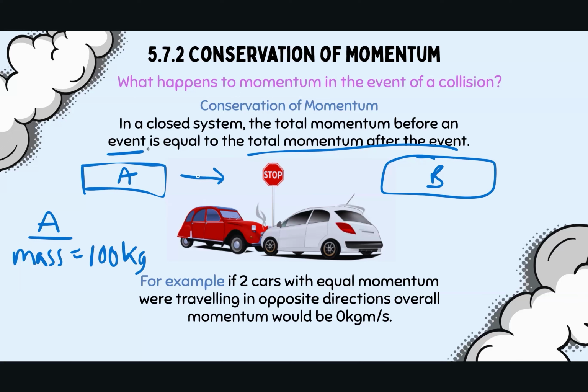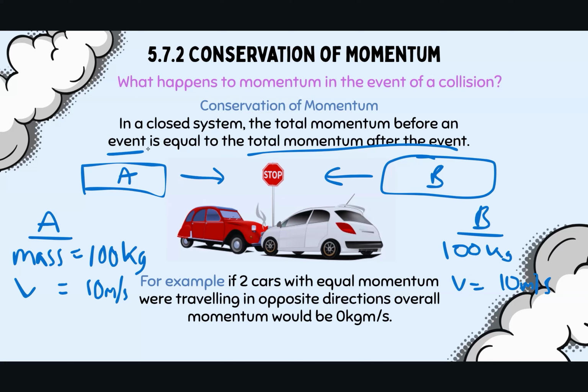It's traveling at 10 meters per second. Now B is an identical car, so it also weighs 100 kilograms. Cars don't weigh 100 kilograms, by the way. More usually in the tons, so 1000 kilograms and above. And its speed is also 10 meters per second.